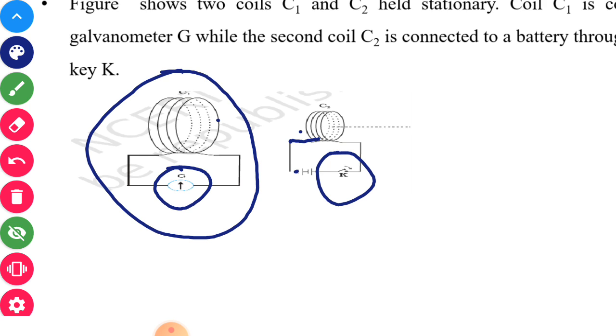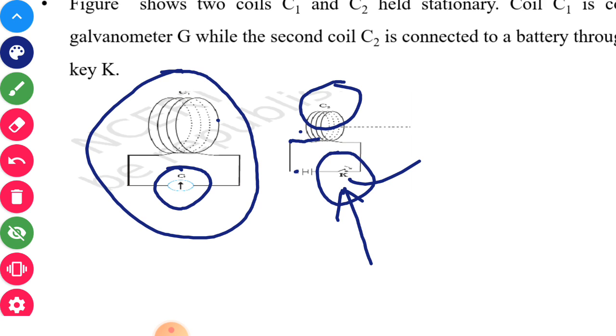There is no connection between these two. Now the key is tapped, closed and then opened. Close and open means current is switched on and off with the help of this key in coil C2.